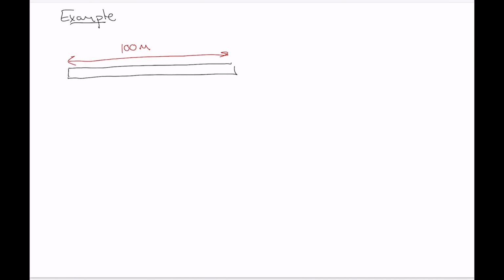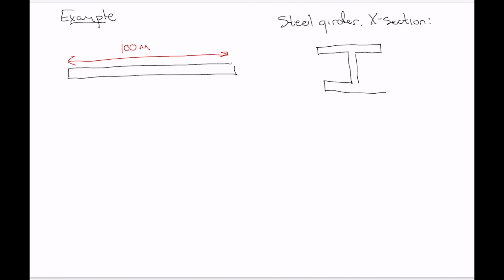Okay, and these will be steel girders, and then we'll say that they have a cross section that is the shape of an eye, so they're I-beams. So they've got cross sections like this. We'll talk a lot more about I-beams when we do bending stress. And the cross-sectional area is 246 centimeters squared, we'll say.